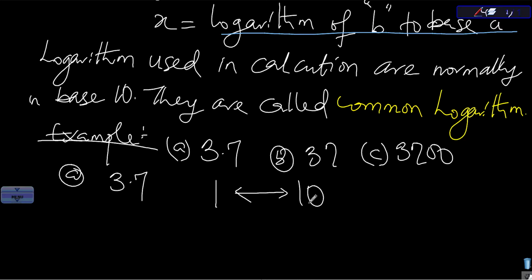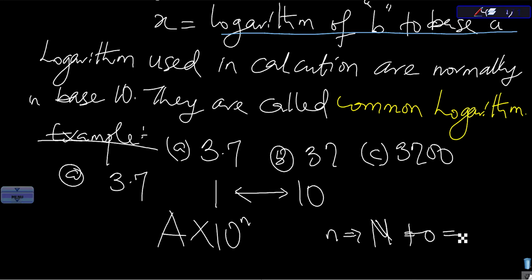Because of the idea of standard form: if you have a number a times 10 raised to the power n, such that n is a natural number, that is a counting number, including 0. So the numbers are 0, 1, 2, till n. Because we are dealing with positive powers for now, I would like us to use that.